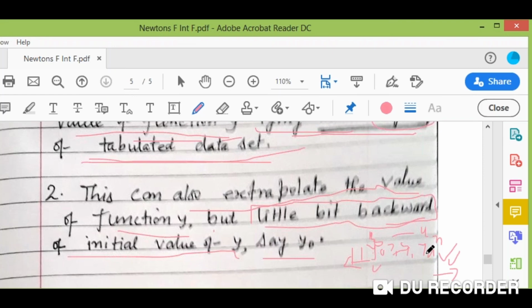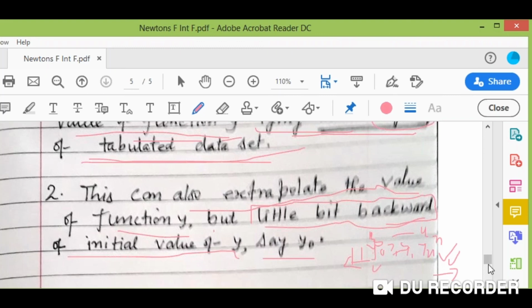In the beginning you can extrapolate, and around the beginning you can interpolate. So around the initial value, both interpolation and extrapolation are allowed with the help of Newton's formula. Newton's interpolation formula is very useful, but it has its own restrictions, which we have to keep in mind.